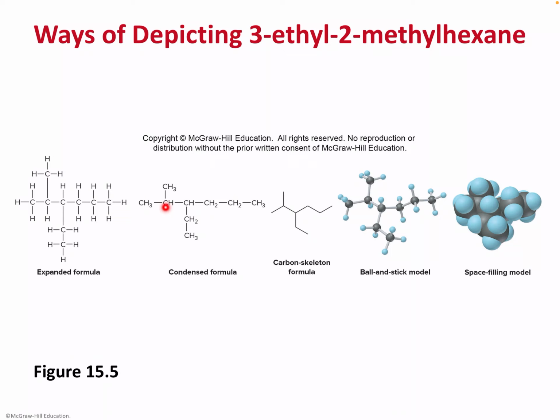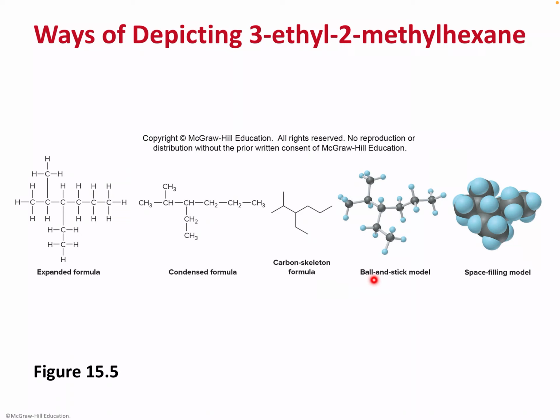So this carbon has another methyl group, and this is connected to another carbon. So this is the carbon with 2 carbon groups, 1, 2, like that, and hydrogen not showing. And this carbon here is connected to 1, 2, 3 carbons. Carbon skeleton formula.